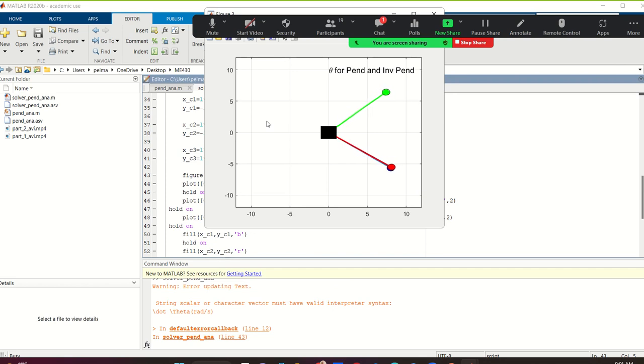You can do too many things. But the take-home message is the difference between the linear and nonlinear differential equation, guys. Understood? Yes, everybody?